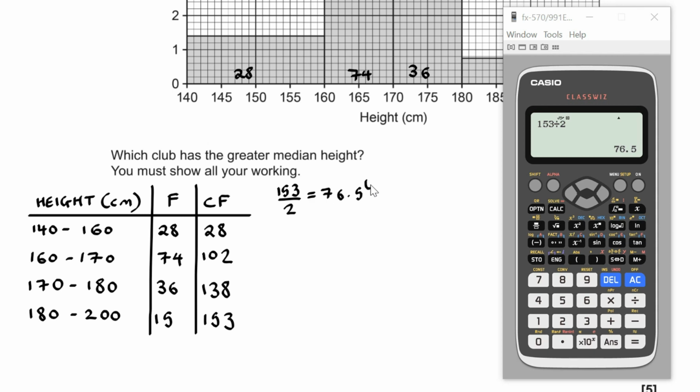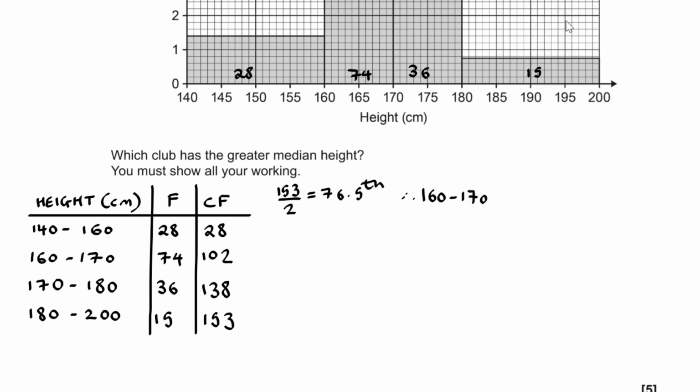And the 76.5 value, that's in this interval here. So it's in the interval from 160 to 170. So now let's use linear interpolation. So if we use linear interpolation, let's just create a quick sketch.